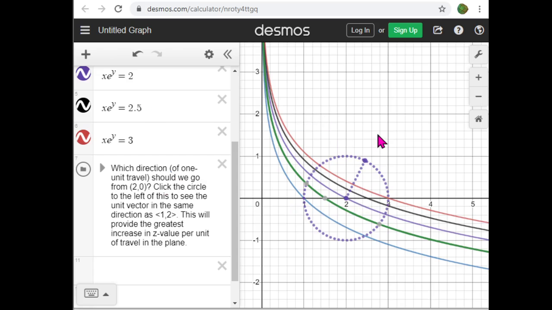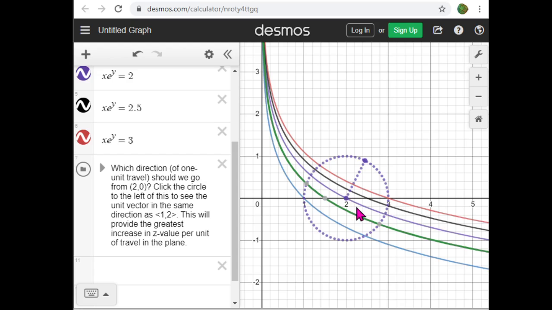So if we just put another quick interpretation on what's going on here, if we talk about, let's say, height, it's like x, y, maybe that's latitude, longitude, and we're on a hiking path, and this is a mountainous terrain. We want to find the steepest place to go.